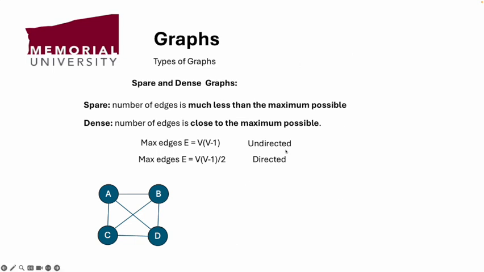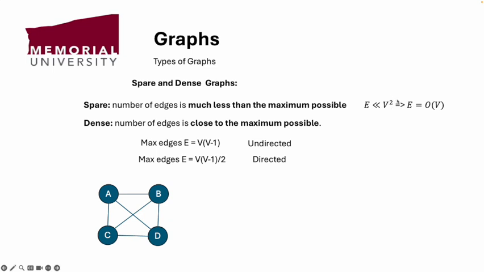I recalculate. Here, the maximum number of edges for a bidirectional graph is V times V minus 1, and for the other graph it's V times V minus 1 divided by 2. That is the maximum number of edges. Based on the definition, a sparse graph means much less than the maximum possible number of edges, so E is much less than V squared.